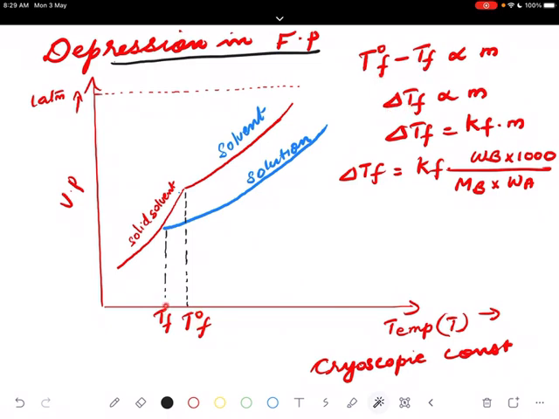WA is the amount of solvent you are taking, and WB the amount of solute. KF constant will be given. KF and KB are for the solvent. KH was for a gas. So using these equations, we'll be doing the numericals. Mainly these equations, delta TB and delta TF, are both used to find out the molar mass of the solute.